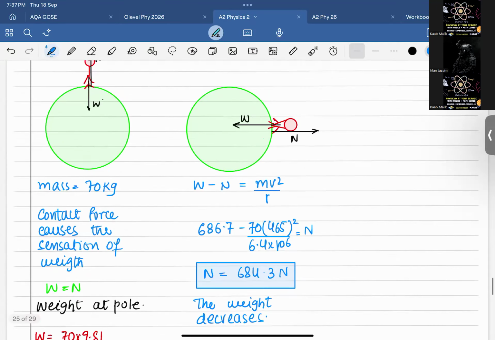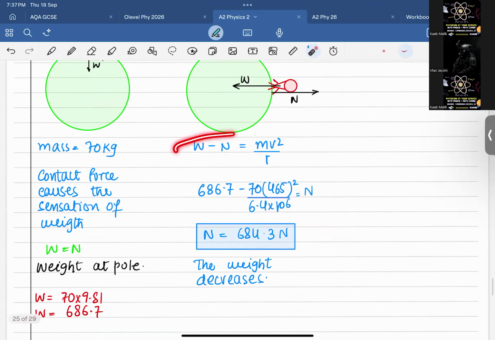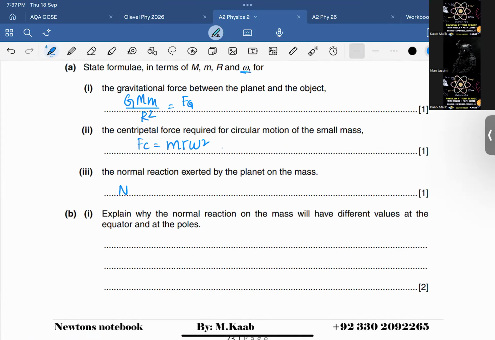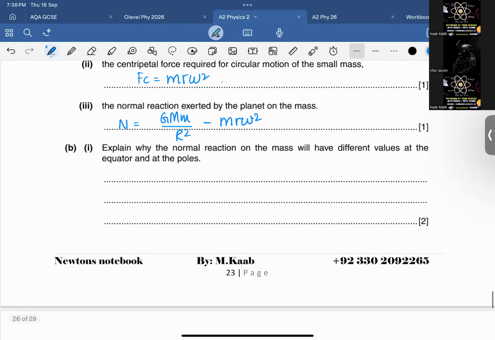If you recall this concept, you have to make this equation, and this equation can relate the contact force. To make the contact force the subject, I can write it as the weight minus the centripetal force. Weight is given in the form of GMm over r squared, minus m r omega squared. Is that clear? Okay, good. Let's move on.